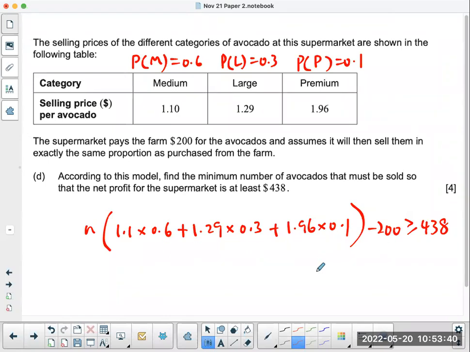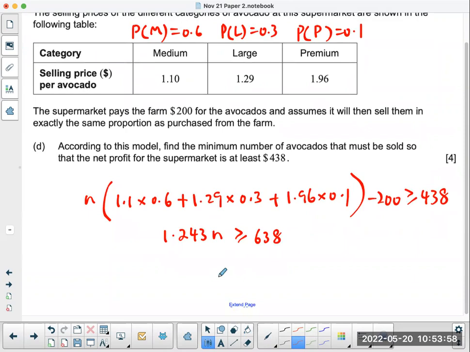Okay, so punch in the calculator here and simplified, I get 100.243 N minus 200, so it's greater than or equal to 638. Right, now that's a very simple question to solve.